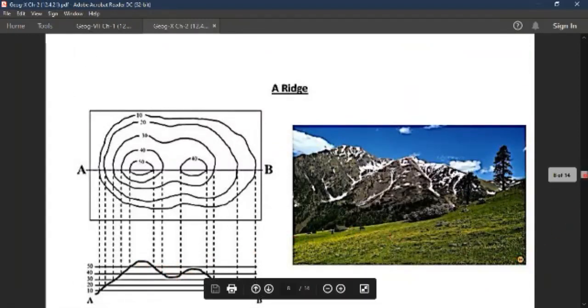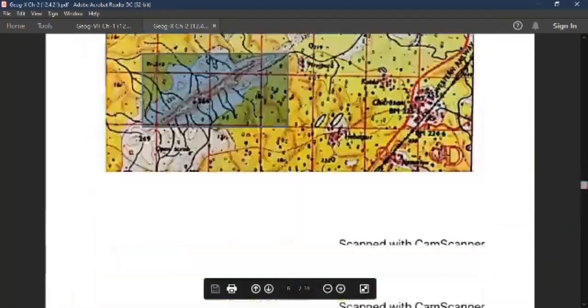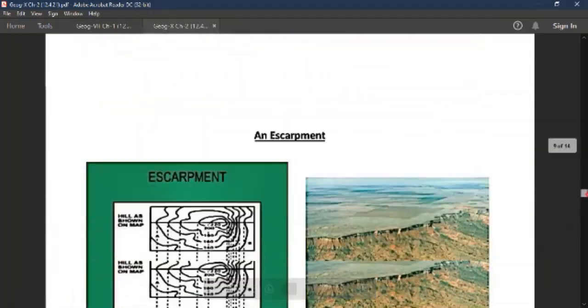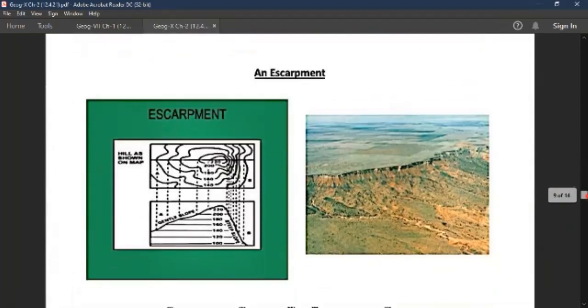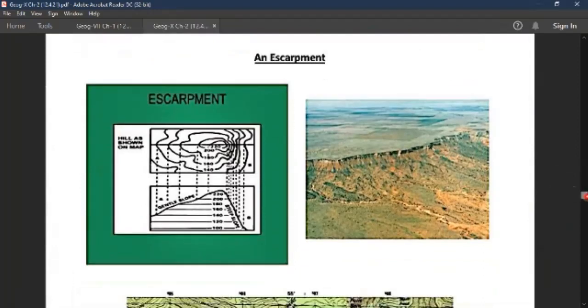Now, the next land feature is an escarpment. So students, this feature has a steep slope on one side and a gentle slope on the other.